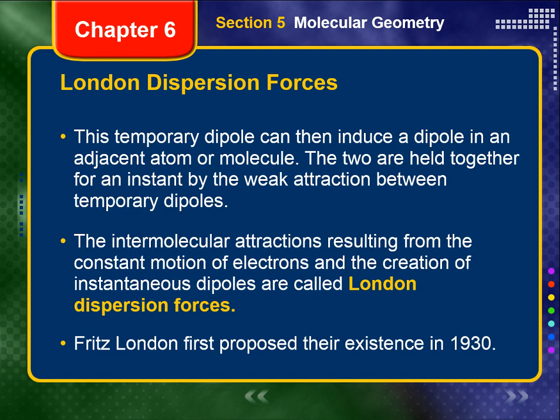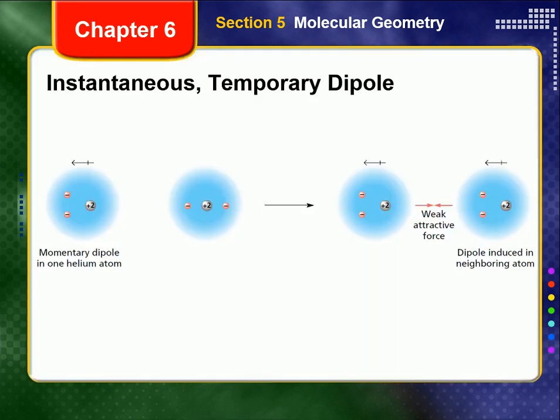This temporary dipole can then induce a dipole in an adjacent atom or molecule. The two are held together for an instant by weak attraction between the temporary dipoles, as seen in figure 6-29, or on the screen now.